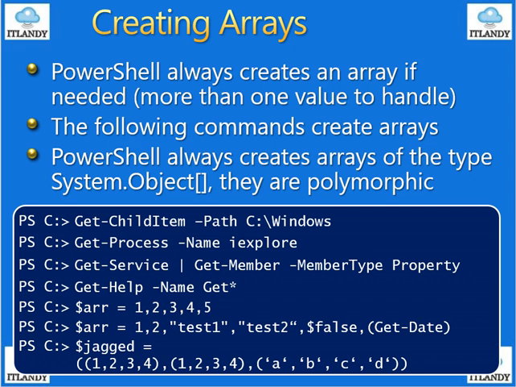Another important thing to note is that arrays are polymorphic by default. What does that mean? You can store any type of object in an array, like VBScript used in the old days, which we'll call a variant array, before PowerShell.